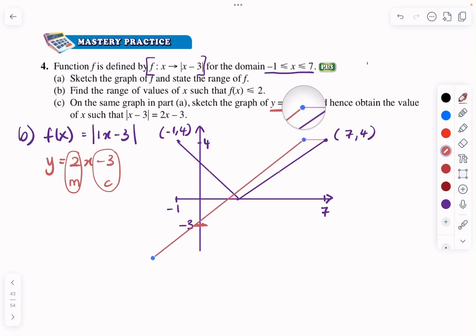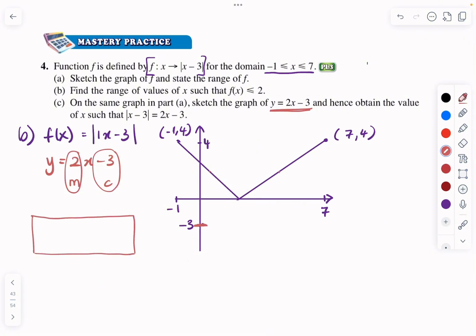But we cannot just assume, we cannot just simply draw. What we have to do is draw a table and plot the values. So when x is negative 1, we find the value of y. Then just to make sure, when x is 0 and when x is 7.